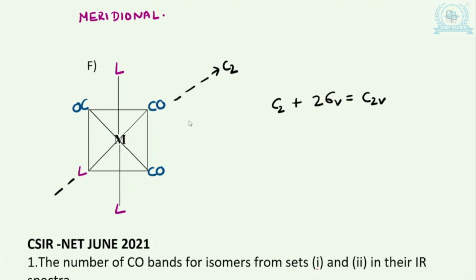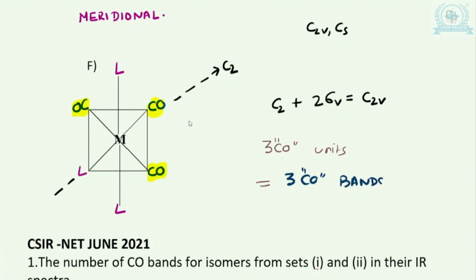I already informed you in the case of C2v. I repeat, and also in the CO, total number of CO units results in the formation of utna hi number of CO bands. So you can see that over here there are presence of 3 CO units, as a result of which you will be getting 3 CO bands.